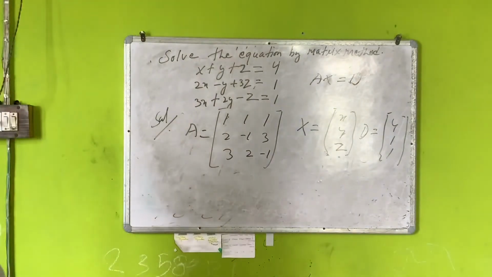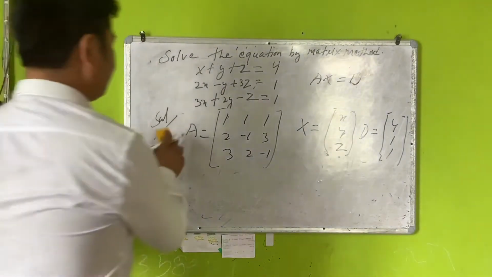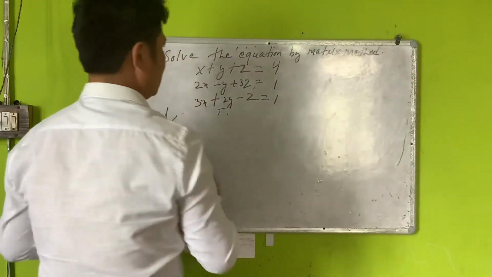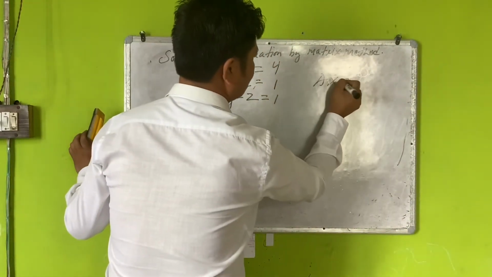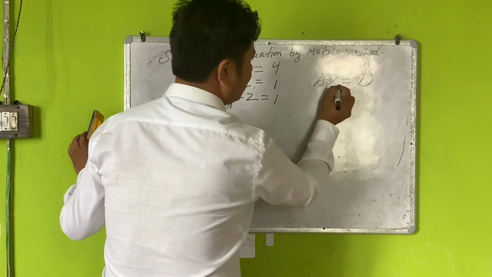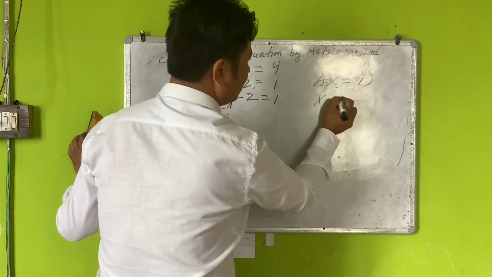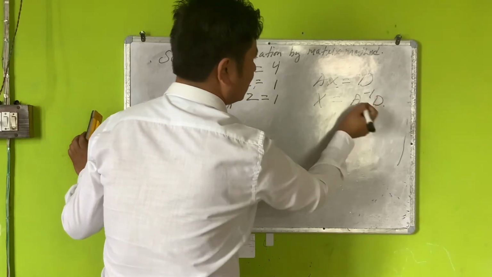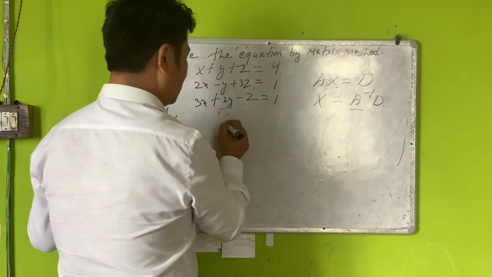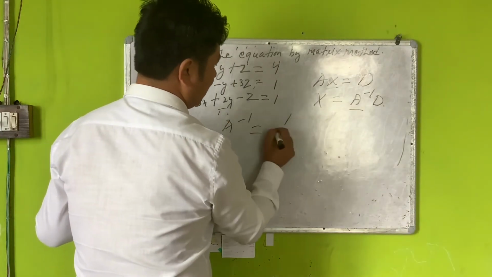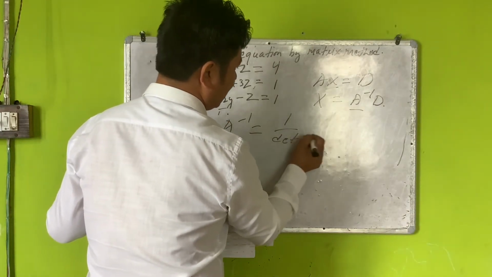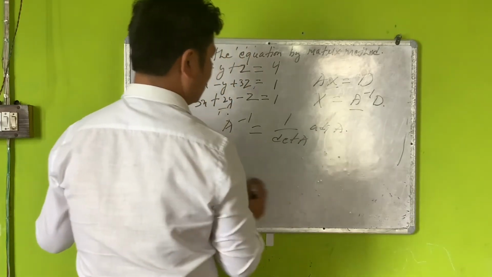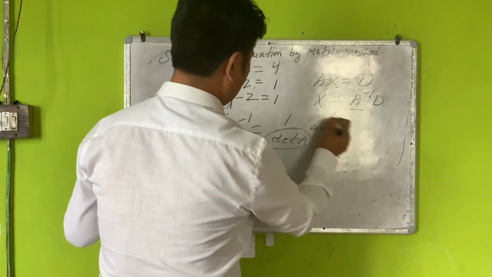Now AX is equal to D, you know that you have to find X, so you keep X here, you take A to the other side, that will be A inverse into D. So you can find A inverse now. A inverse is equal to 1 by delta A into adjoint of A.